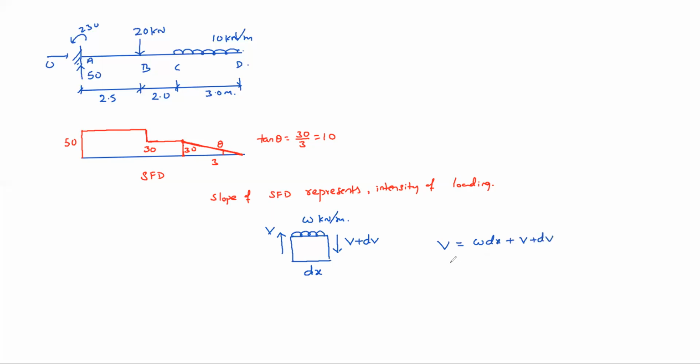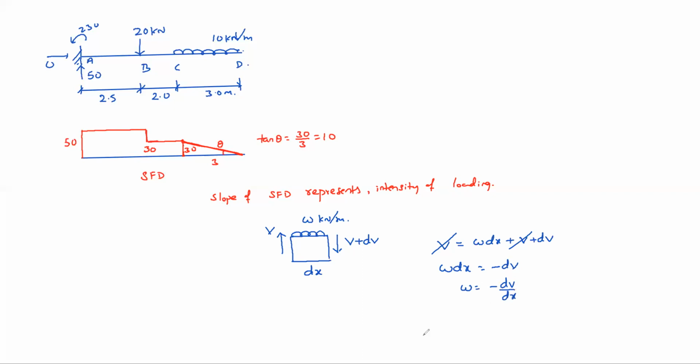Upward equal downward, so V gets cancelled here. So W dx equal to dV, or W equal to dV by dx. Of course, a negative sign will be there. W dx equal to minus dV, and W equal to minus dV by dx.